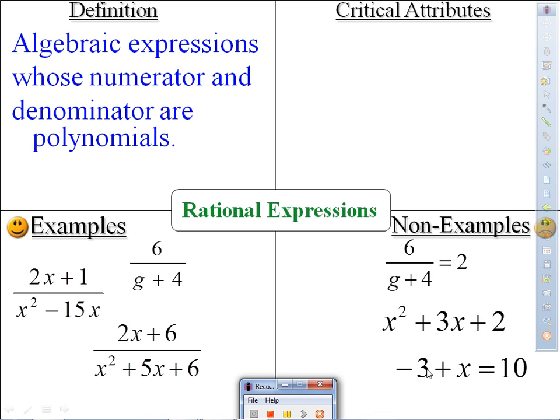Yes. These are equations. And what are we looking at today? Expressions. However, this middle one, you can technically argue that it is rational because we can write it over what? 1. But for the purpose of today, I put it over here because we're not looking at just those with over 1. I want to see stuff that has polynomials in the numerator and denominator.